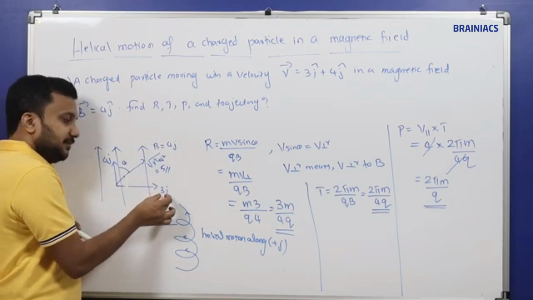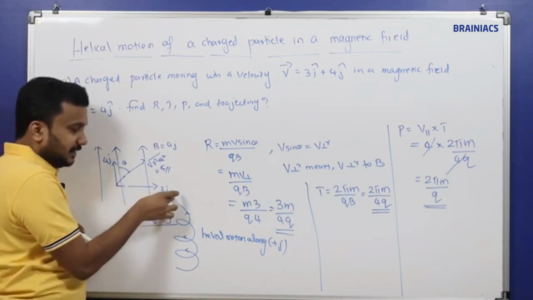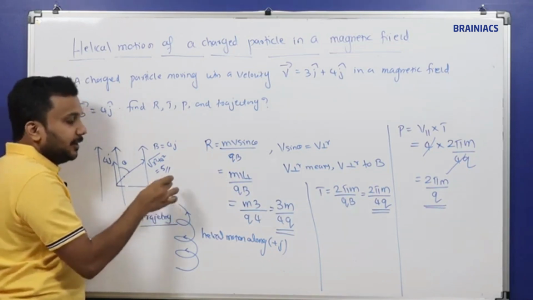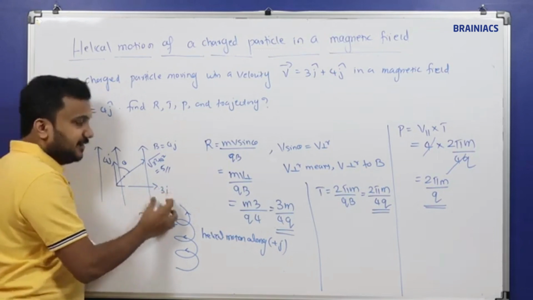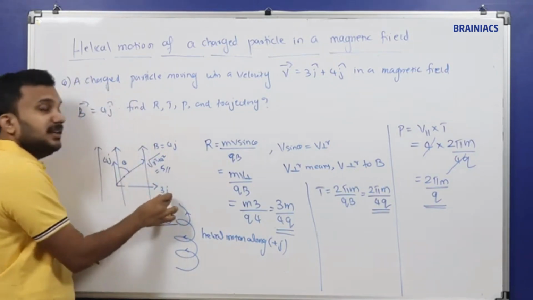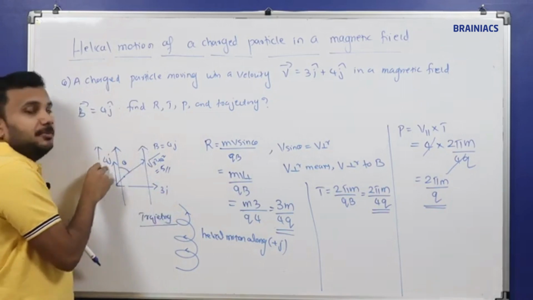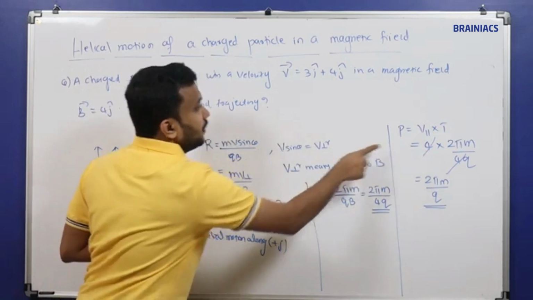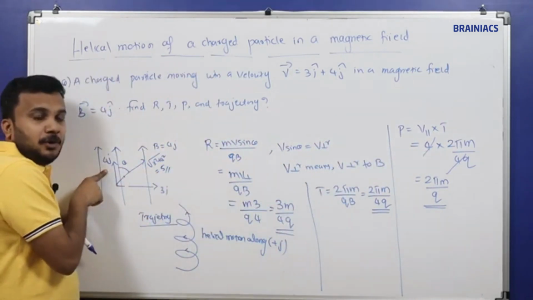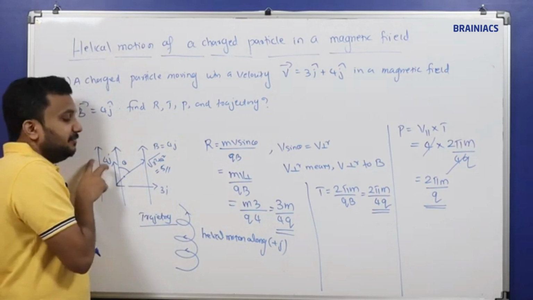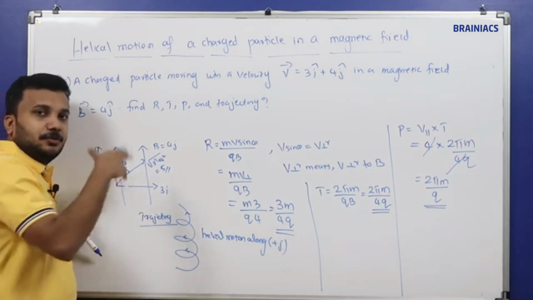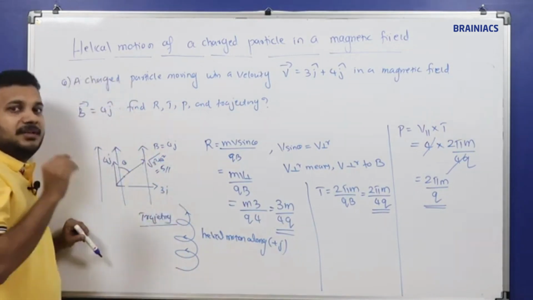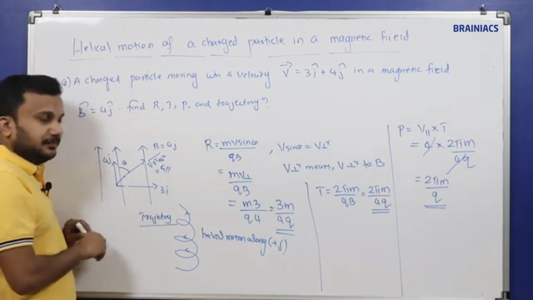So two vectors are given. In this diagram, the perpendicular component to the magnetic field is v sin θ, and the parallel component is v cos θ. That is why for v cos θ we substituted 4, because it is the parallel component of velocity. If two components are there, how do we find the resultant? Root of a squared plus b squared plus 2ab cos θ, where θ is the angle between the two vectors.